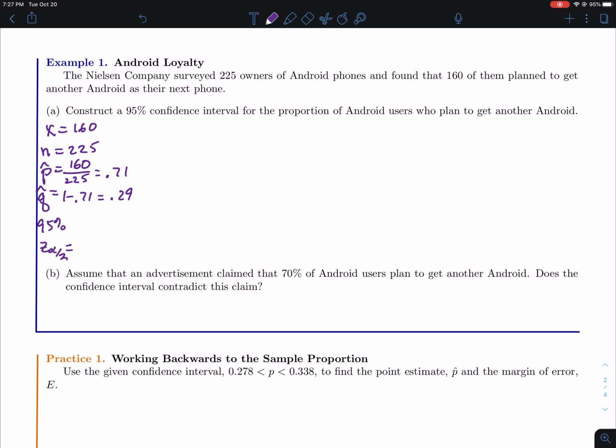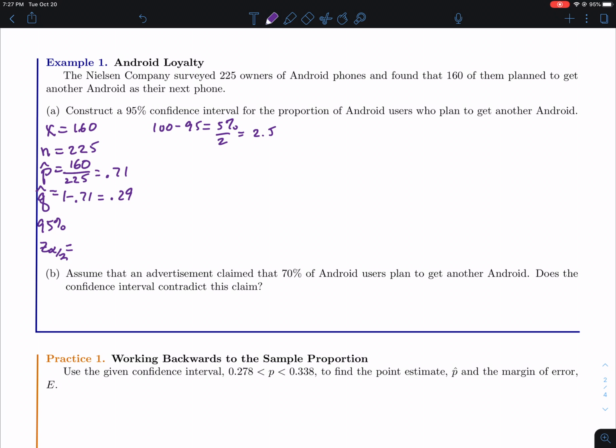And now I need to find my z alpha. Remember, if you're doing it by hand, you have to do that tricky part where you're not actually plugging 95 in, because 95 is only the middle part. We have to account for the part on the ends. In this case, 100 minus 95 gave us 5%. If I divide that by 2, that means there's 2.5% below the 95 and 2.5% above.